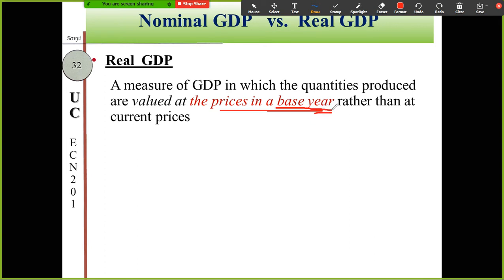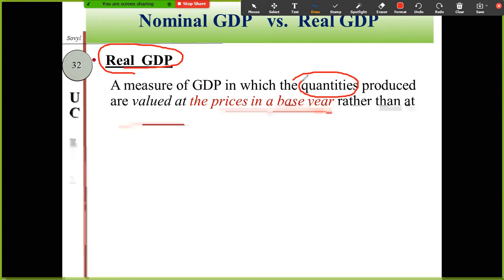Base period could be a year, a quarter, a semester, or a month, but normally we call it year rather than current price. So when we talk about real GDP, for the quantity that we produce, we take the market value by taking the price from the base year to compute.